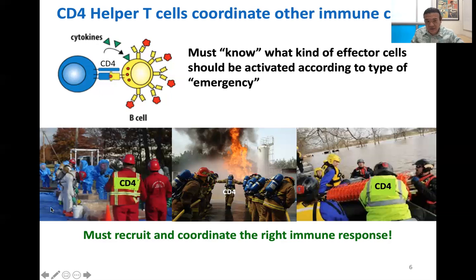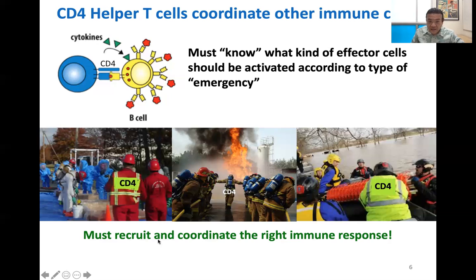Teams of these people hit the ground and they go out. And importantly, these people are trained for particular scenarios. So these people in the hazmat suits, they know how to decontaminate, let's say, a toxic waste spill. The firefighters obviously know how to properly fight different types of fires, and these people here are trained to be able to do flood rescue.